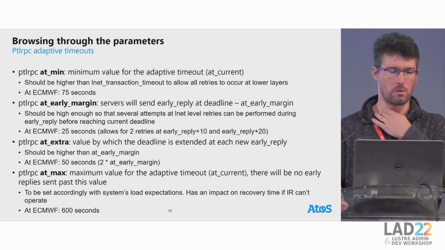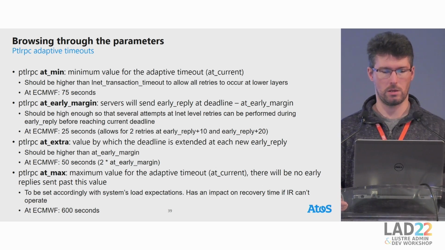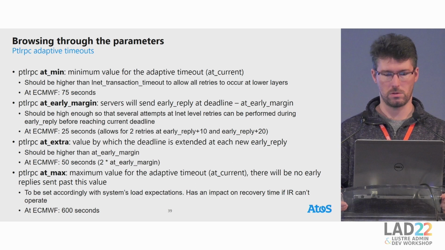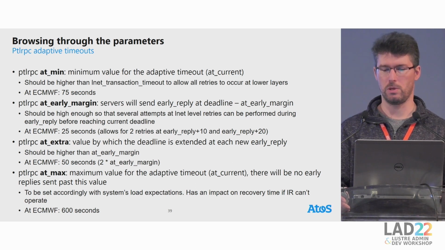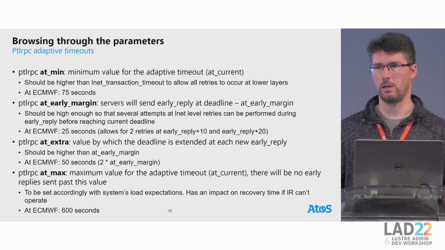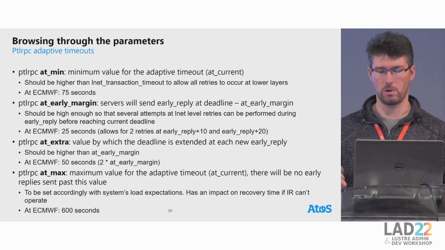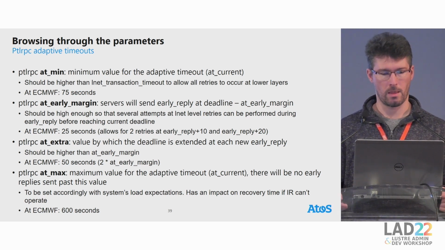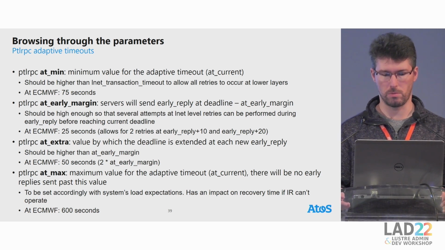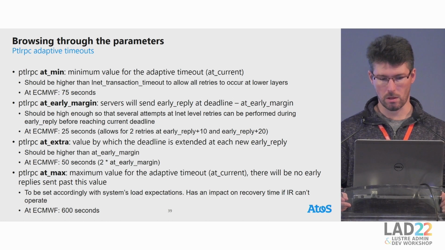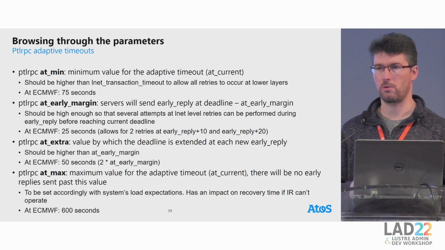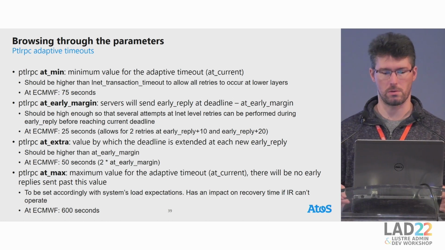In our case, we set AT min to 75 seconds. We need this to be higher than the LNet transaction timeout, so that the lower layer has already timed out before. Then you have the early margin, which you want to be high enough so that you can have several retries at the lower layer.